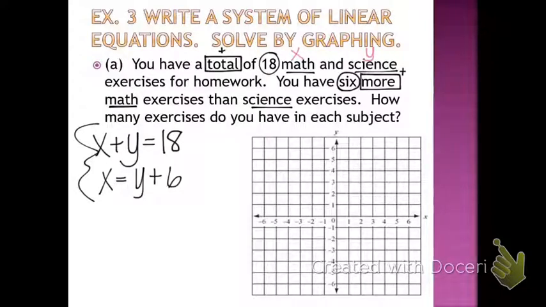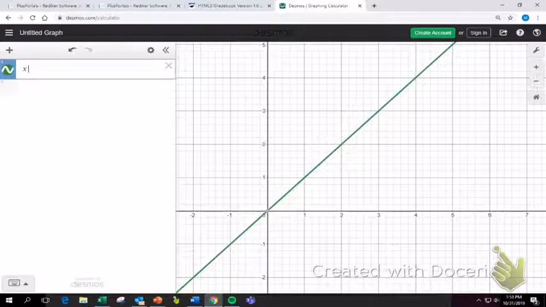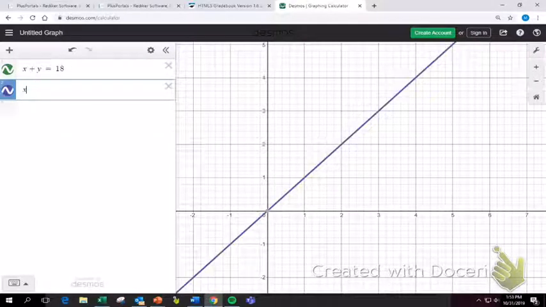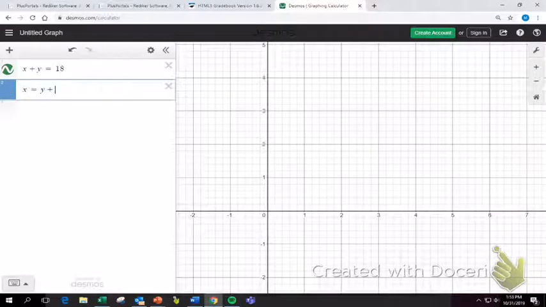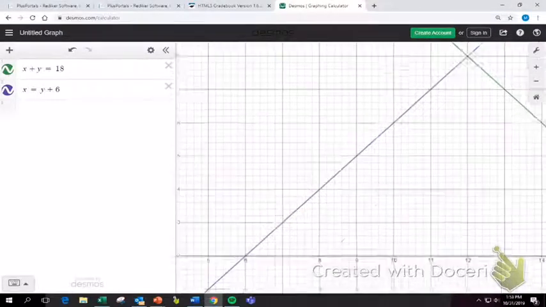So go put these 2 equations into Desmos and graph. What's the first equation that you plugged into Desmos? X plus Y equals 18. And what was the second equation? X equals Y plus 6. Now, you already probably noticed you're going to have to move Desmos around because you don't see both lines at first.